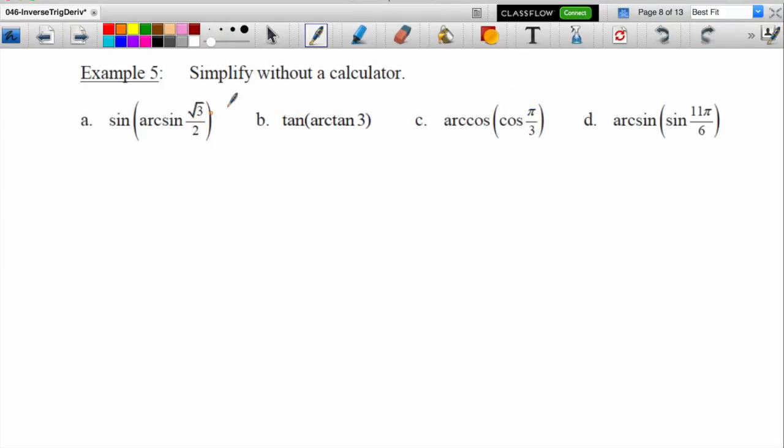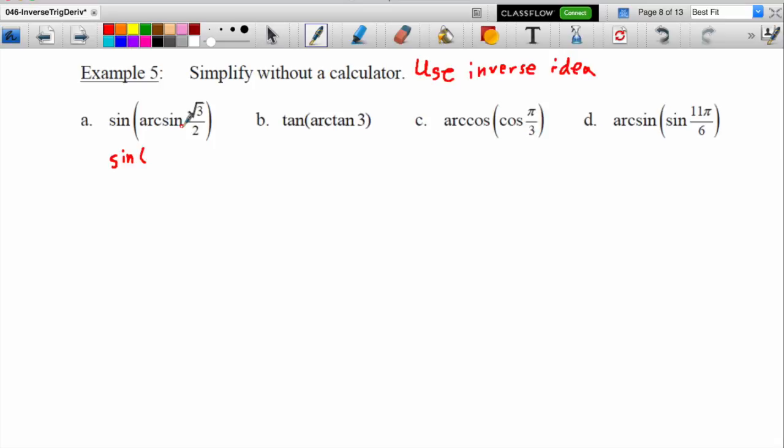So here you go. Simplify without a calculator. Use the inverse idea would be the last hint. They are opposite operations. So sine of arcsine of root 3 over 2. What's arcsine of root 3 over 2?